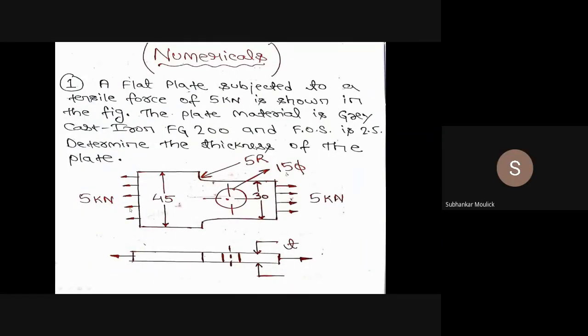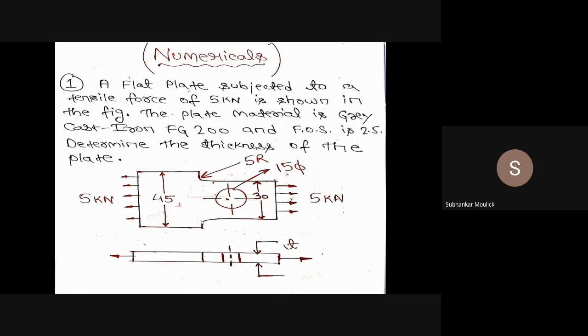Okay. So if you see in this question, can you tell me which one is the stress concentration region in this problem? Identify the stress concentration region.